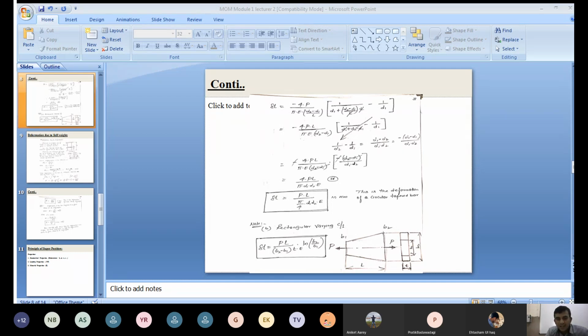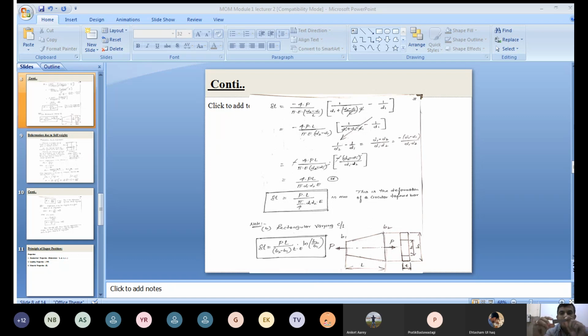Similarly, try this assignment for a rectangular cross section, a rectangular tapered bar. You can see the sketch here. At the smaller end, the width or height is B1.